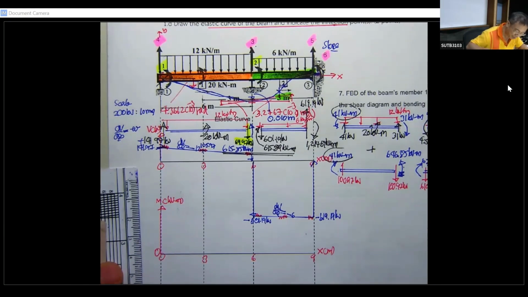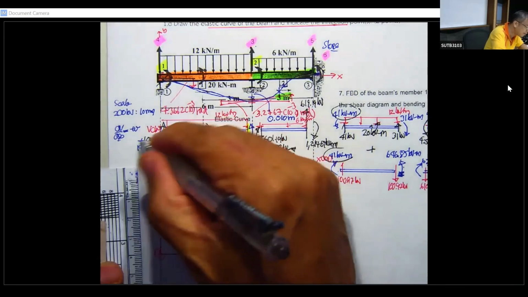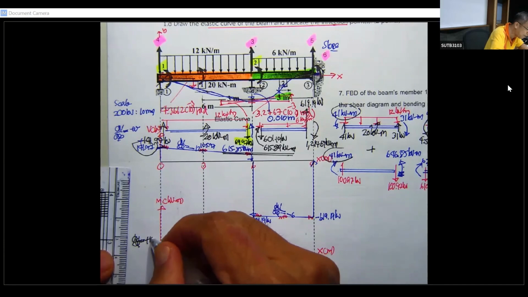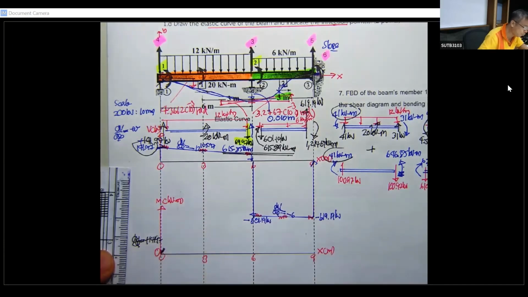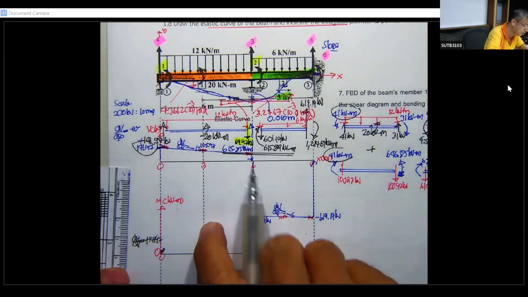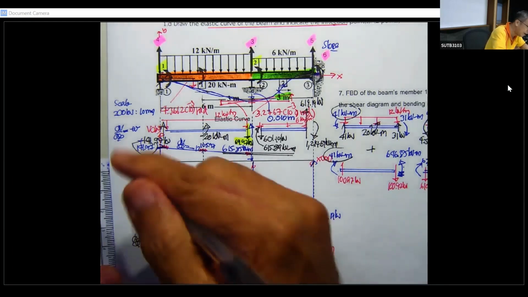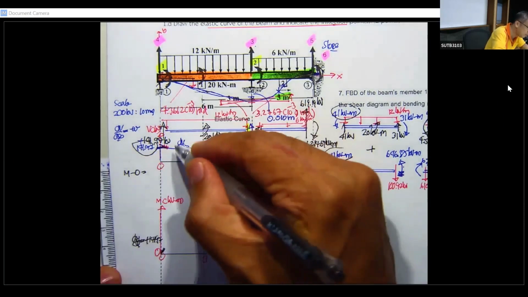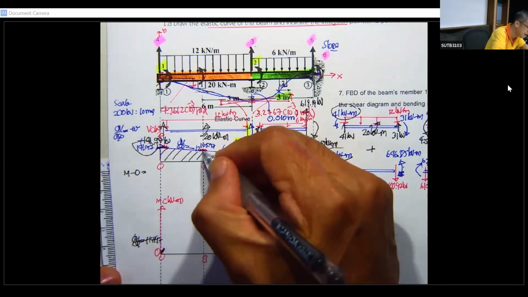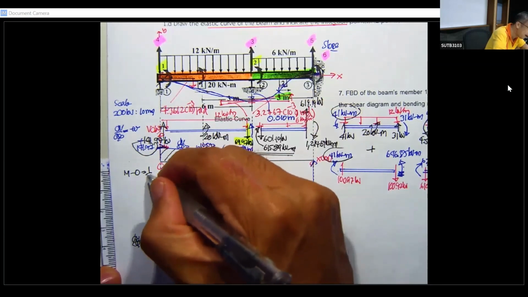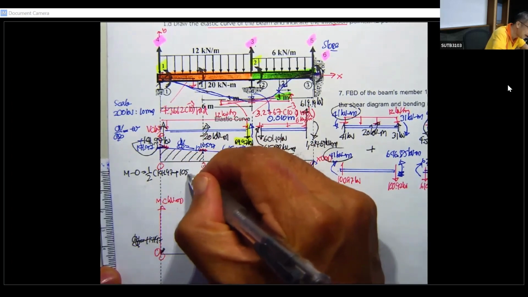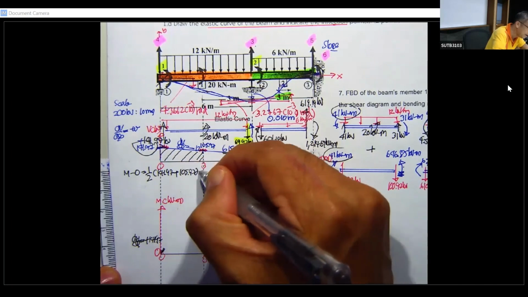And by doing this, this is going to be the shear. dM by dx equal to plus 141.97. This one is going upward, okay, and then it's going to come in this way. The moment here minus 0 is going to be the area here, 1/2 of 141.97 plus 105.97, and this is going to be 3 meters.